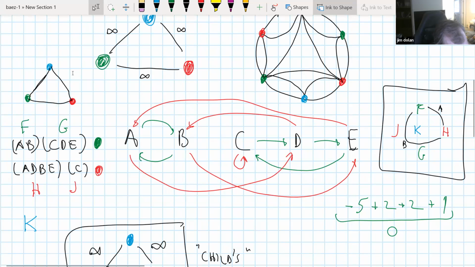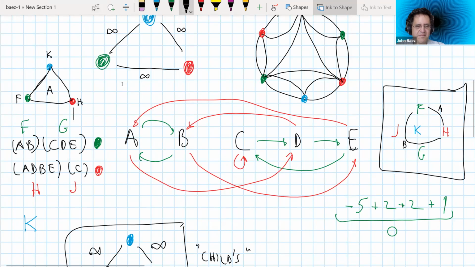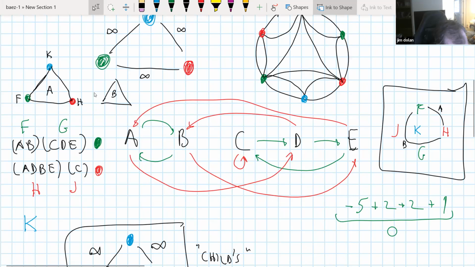And so one of them is A, with the green being F, and the blue has to be K, I think, and the red is H. Okay, and then there's the one for B, which has green is F, and the blue is K, and the red is H again.